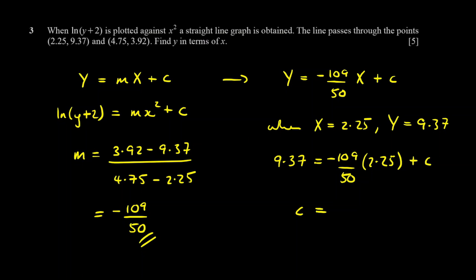So plus 9.37. And that's going to give me a c value of 571 upon 40.